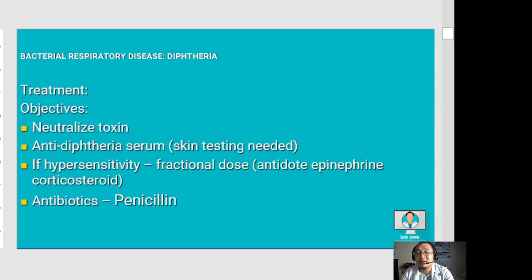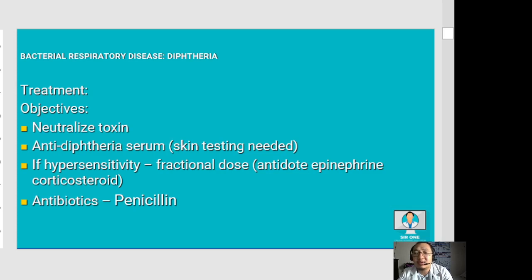Treatment is really to neutralize the toxin produced by the bacteria. Usually what is given here is the anti-diphtheria serum, an antitoxin, which should act rapidly to treat the disease. Since this is a serum that comes from other sources, skin testing is needed.